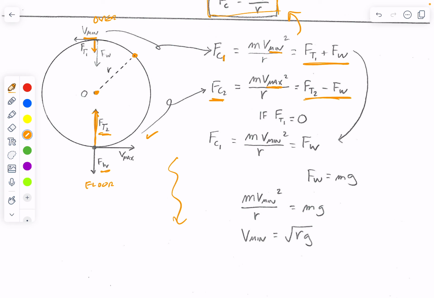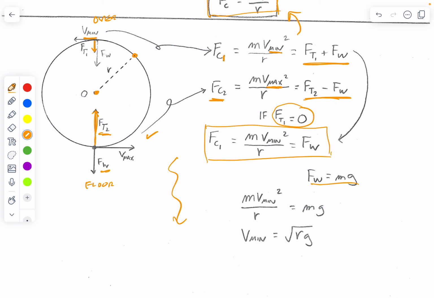Now, as my tension in the string goes to 0, which is at the top of the movement of the weight that is spinning in the vertical circle, whatever that mass happens to be, as that tension goes to 0, we can say that at the very top, my centripetal force is equal to the force of weight. And of course, the force of weight is mass times gravity.